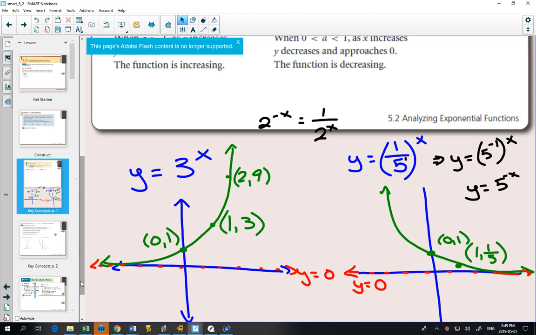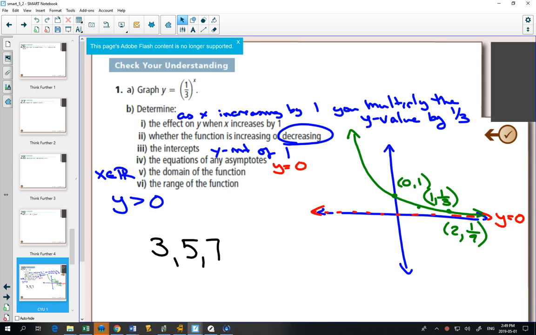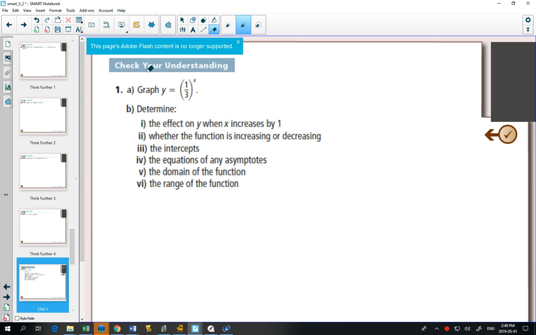So one of the things we need to do with our equations is be able to graph these by hand. So this question says graph y equals (1/3)^x. So we recognize it as an exponential graph.